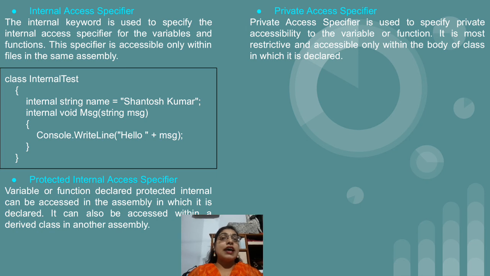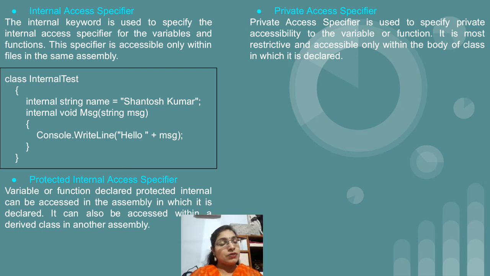If we have namespace A, then we have this class, and we can have one more class in which we can make use of the string and the void message method. So only the files present in the same assembly can access the variables and methods declared with the internal access specifier.